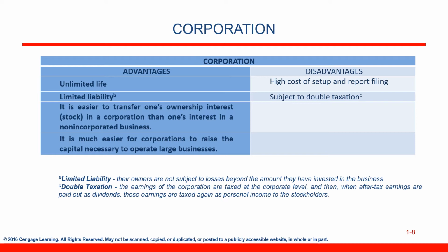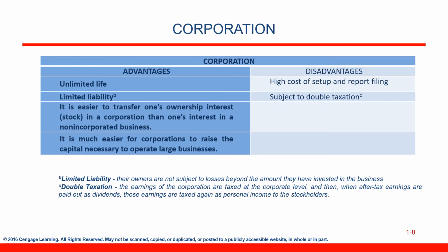But for the disadvantages of it, it is very expensive, especially on the setup and the report filing, since you need to register it with the Securities and Exchange Commission, and then it is subject to regulations from the SEC, the BIR, and any regulatory bodies. It is also subject to double taxation.